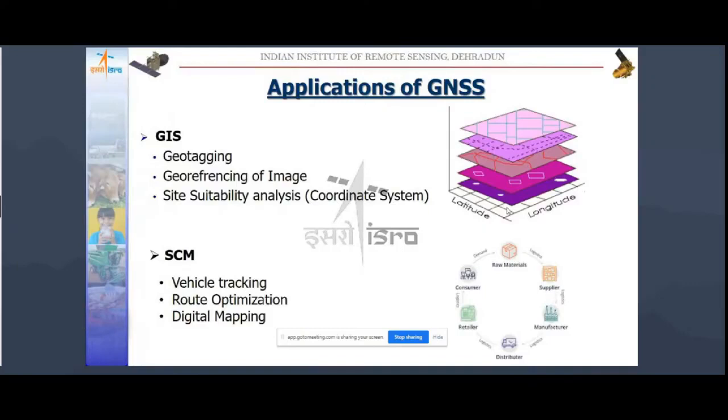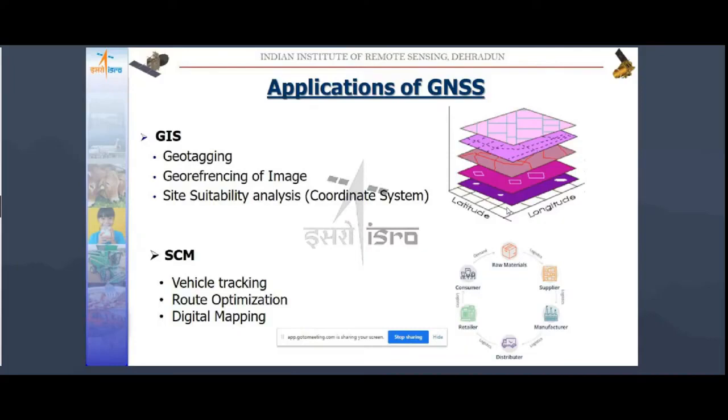One receiver may track signals from various constellations, or it may get the signal from only one constellation. For example, your receiver may get the signal only from GPS and may not be configured for other constellations like Galileo or GLONASS.